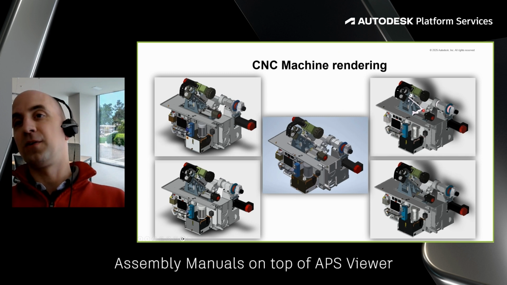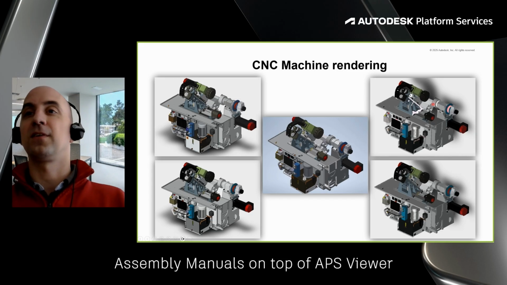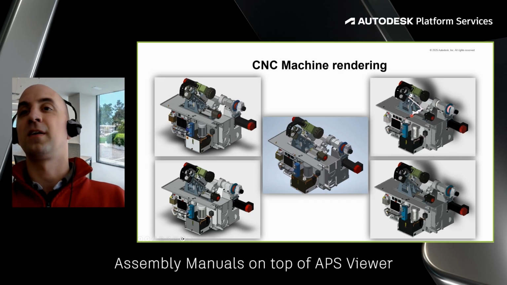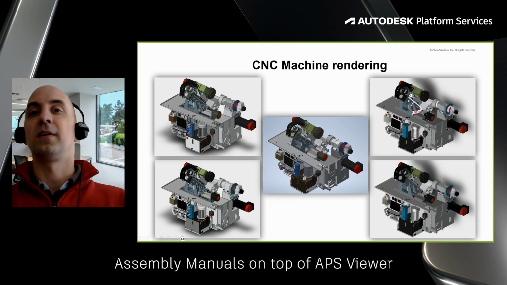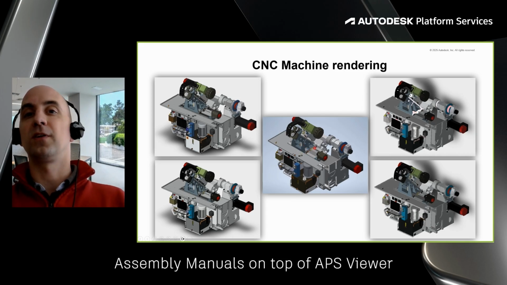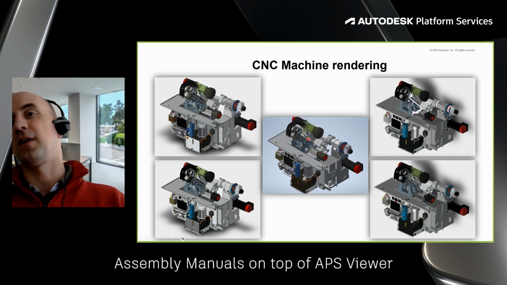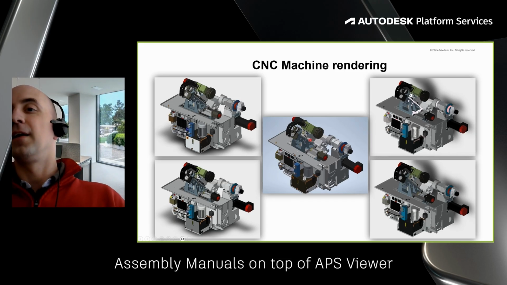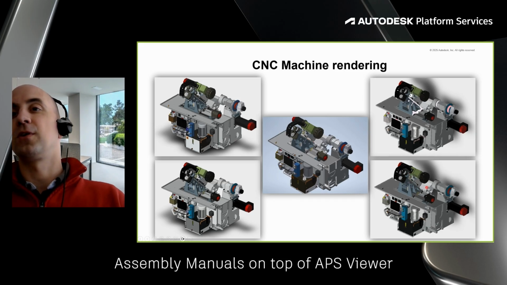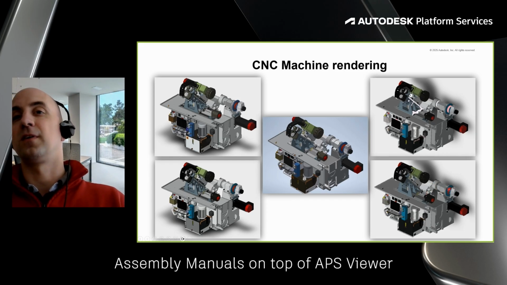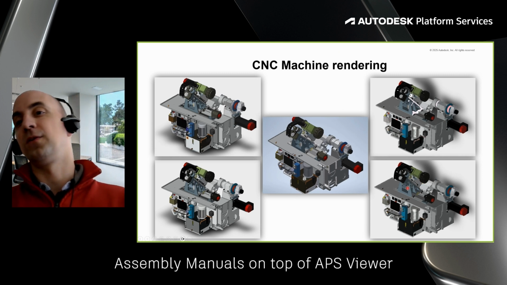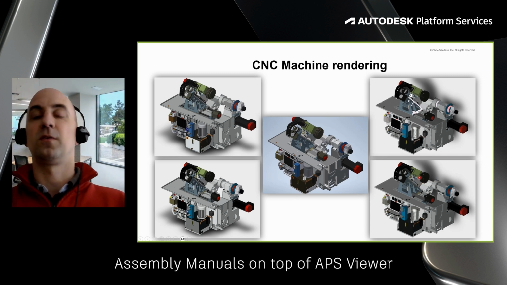On the right side here, you may notice some very brightly colored parts, and those are the parts you get when you have luminescence defined in Inventor. On the bottom right picture, those parts have the correct color. So this is where the removal of luminescence is applied.